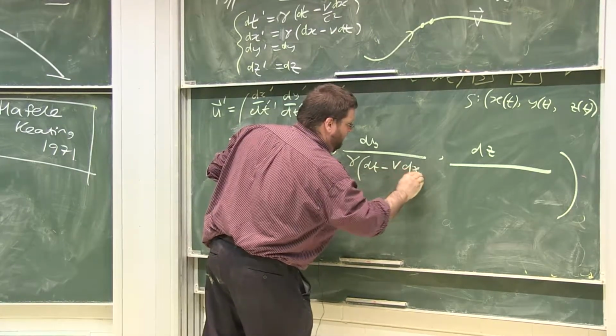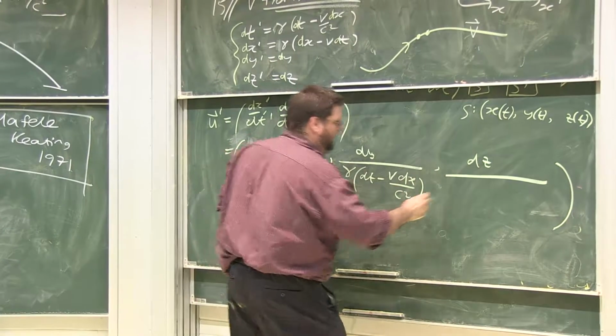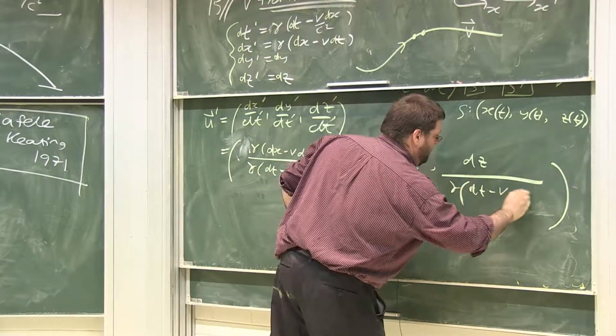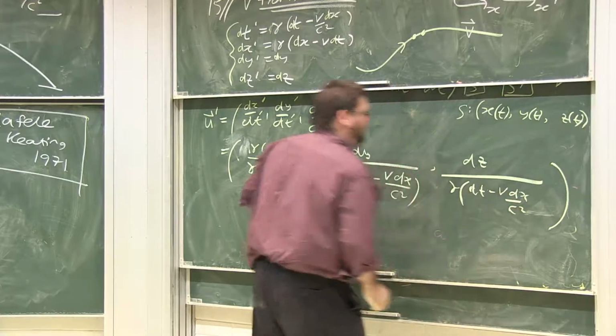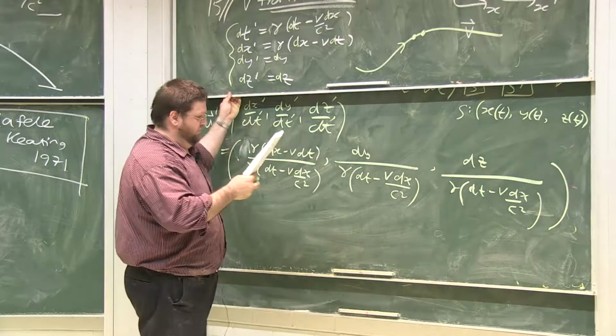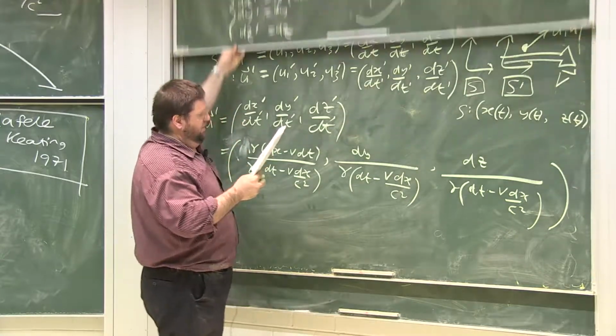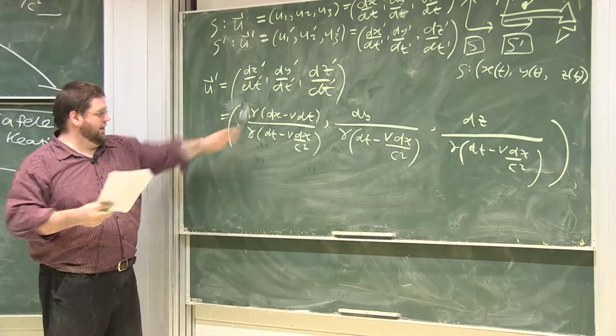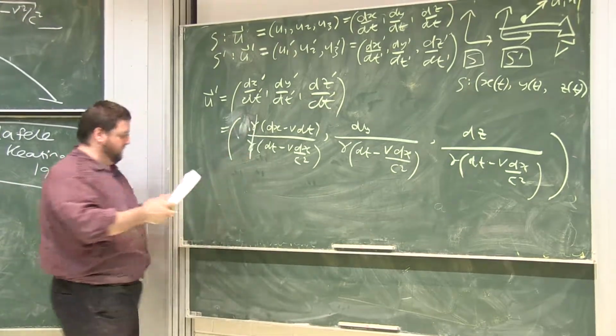So this is already looking a bit messier than you might expect. So there it is. Now I can cancel these gammas, which is good.